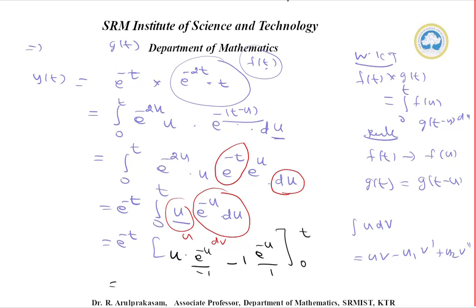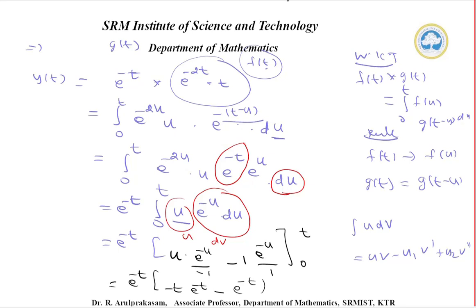Now I am substituting the limits 0 to t. Whenever we have u, I replace u with t. I am getting t times minus e to the power minus t, minus e to the power minus t.